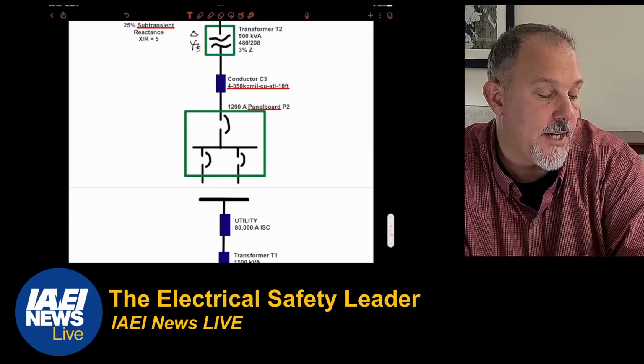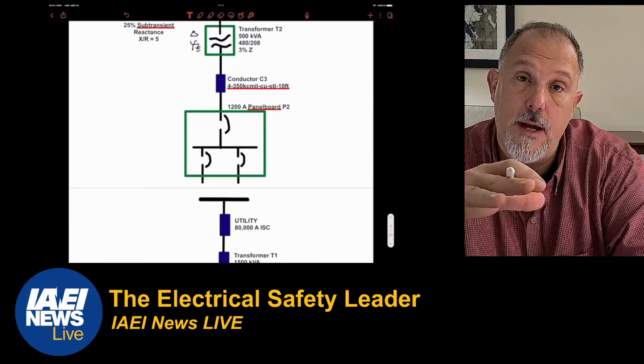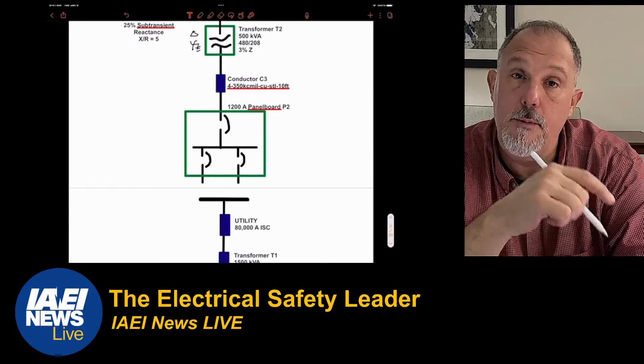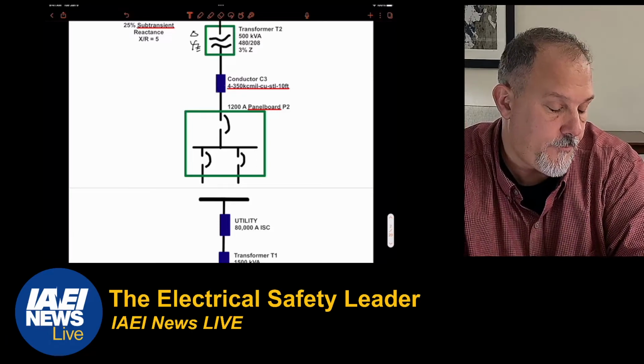And once we get into the impedance diagram, I'll show you how we would model a motor at that panel board as well.